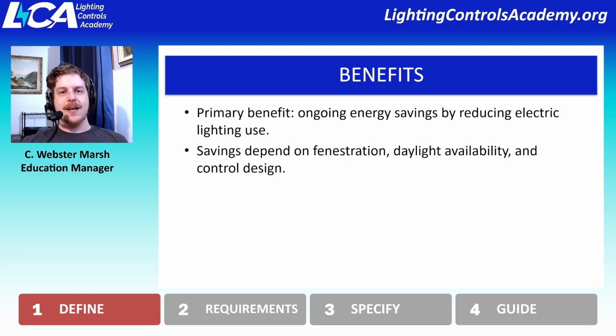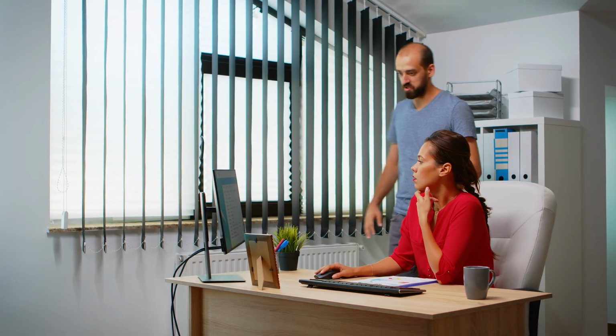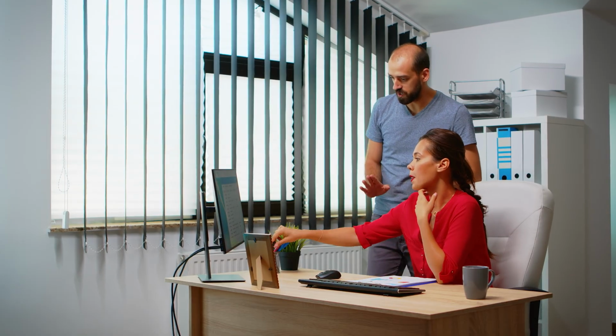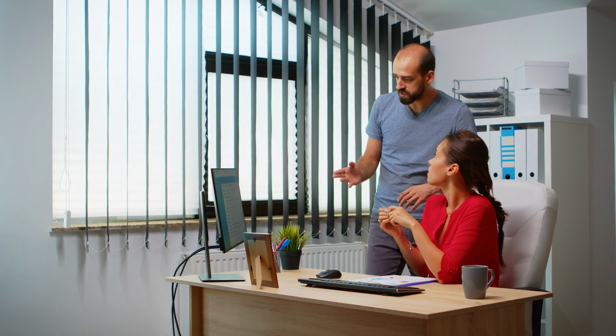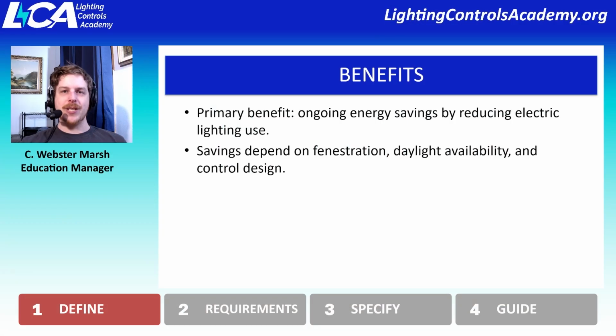But at the same time, going back to that whole conversation about delighting, you might have a really glary experience. And so there's this balancing act between what is best for comfort versus what is best for energy efficiency. But also daylight availability, depending on how far north you are or how far south you are, that could really determine throughout the year how much daylight you are going to get through those windows.